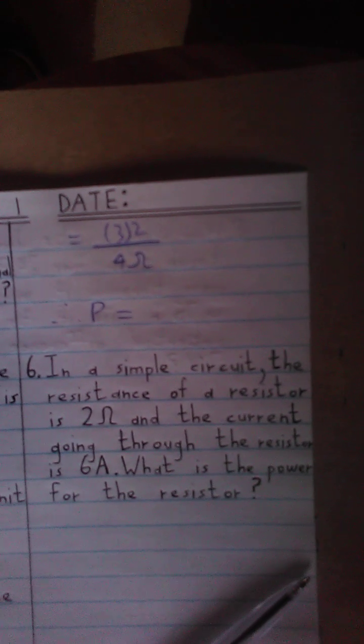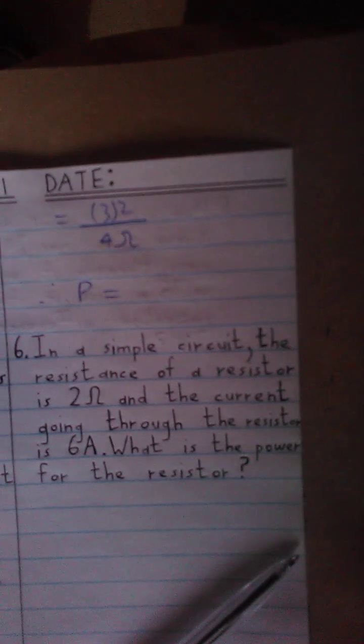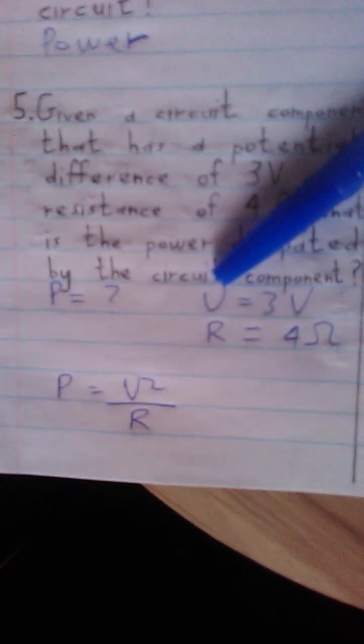So what is V? 3 squared over, what is R? 4 ohms. So power is 2.25 watts.